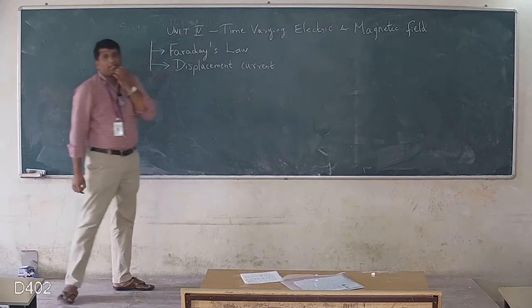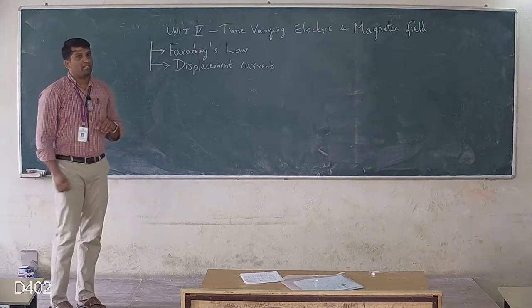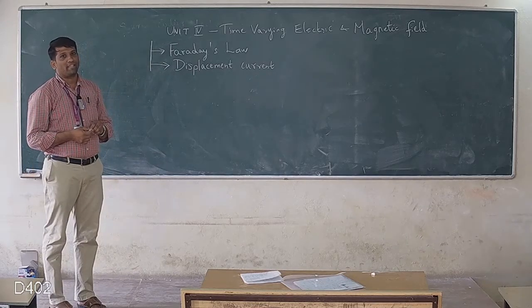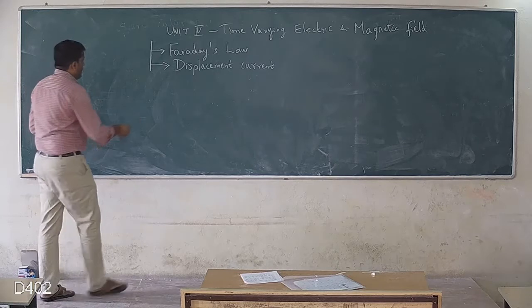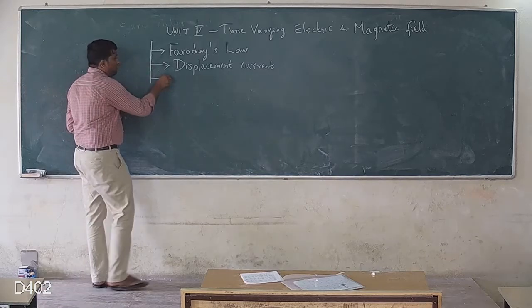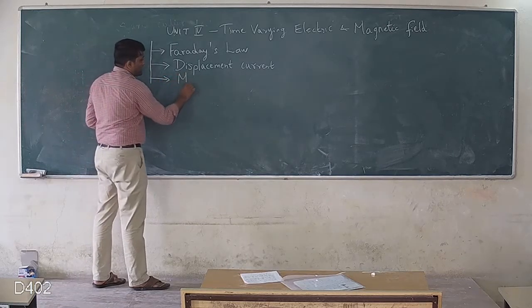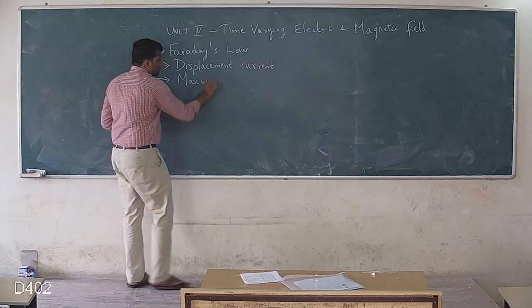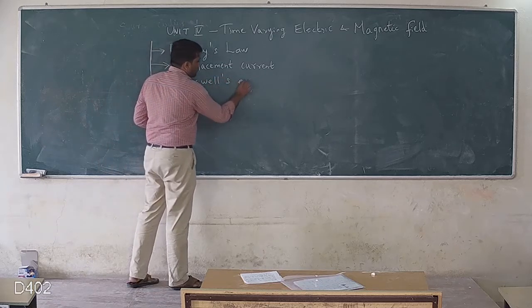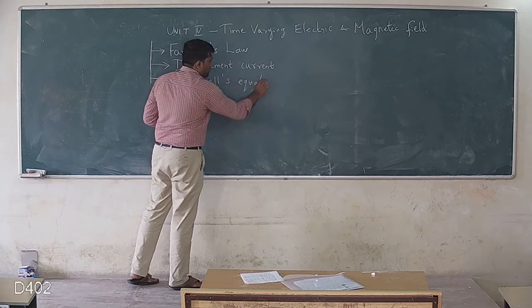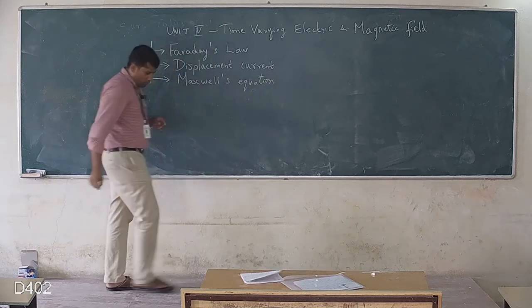We know that there are currents, but still in this course we will discuss the displacement current. And after that we will go through Maxwell's equations, a very important set: Maxwell's all 4 equations.